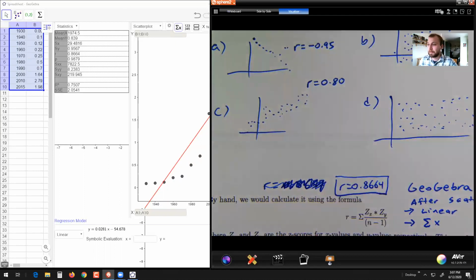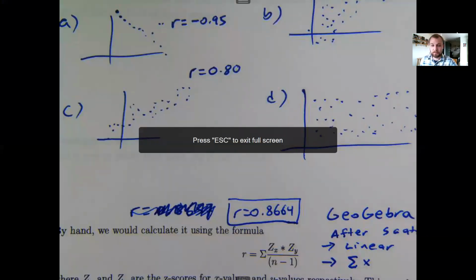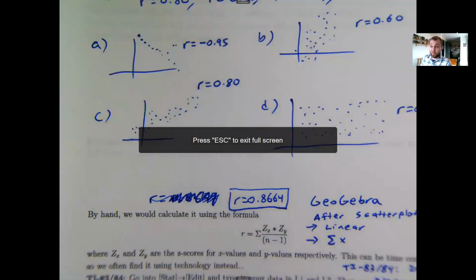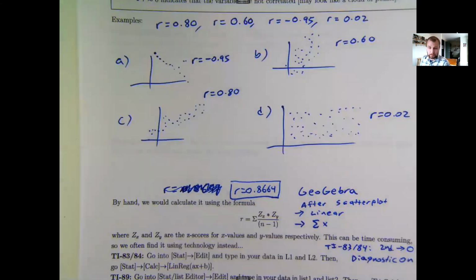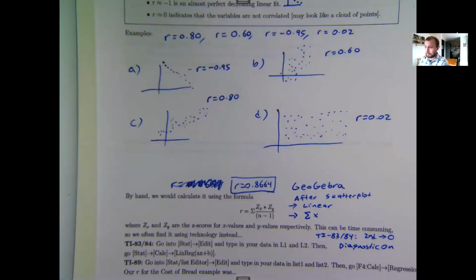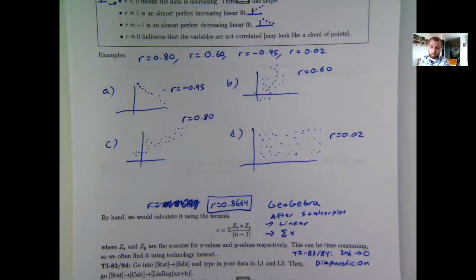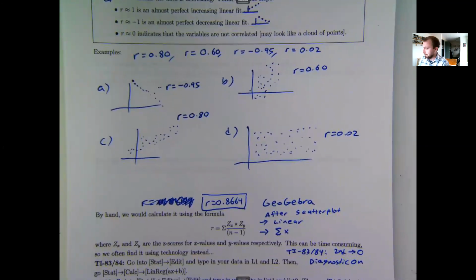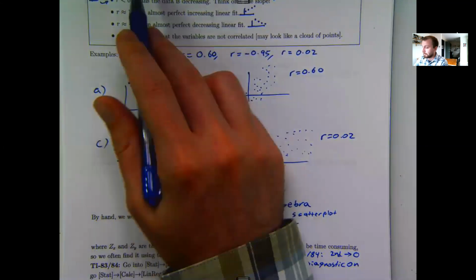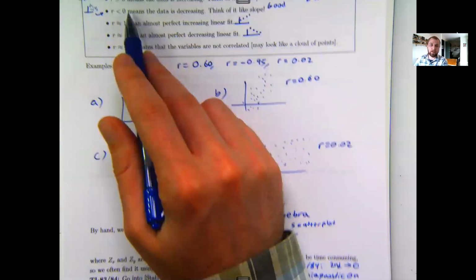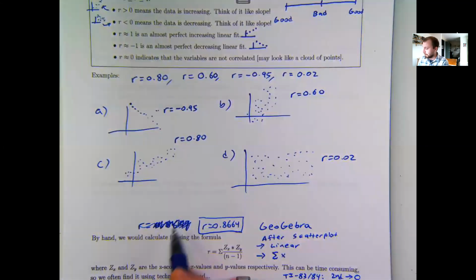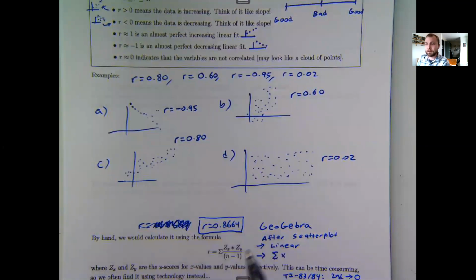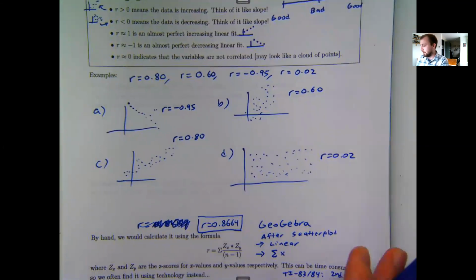So this is not quite 1, so it's not perfect, but it still might be an okay fit. Unfortunately, I have two things that are considered good, both -1 and +1. So R might tell me if the line is going up or down, but it doesn't for sure fix the issue of determining if something is a good fit or not, at least not on its own.